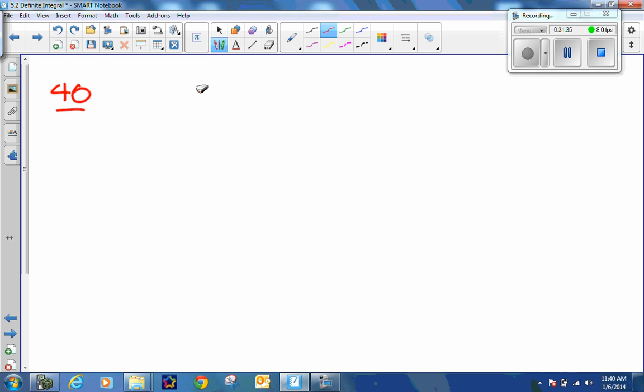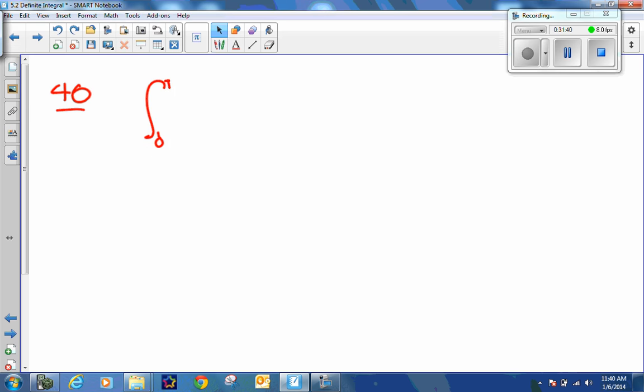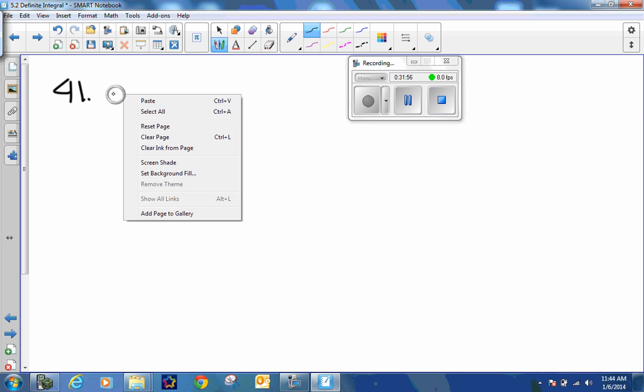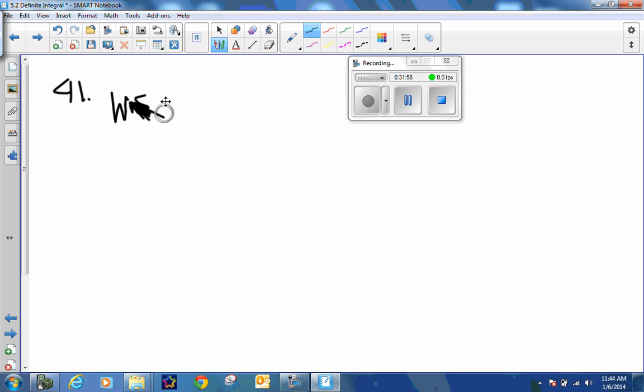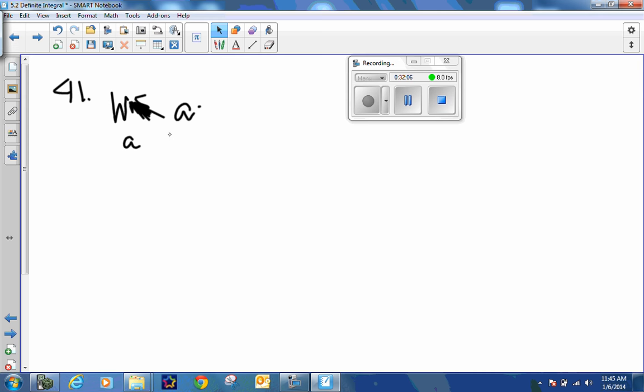It says to write as a single integral in the form integral from a to b of f of x dx.